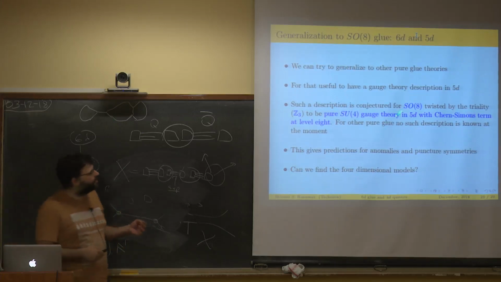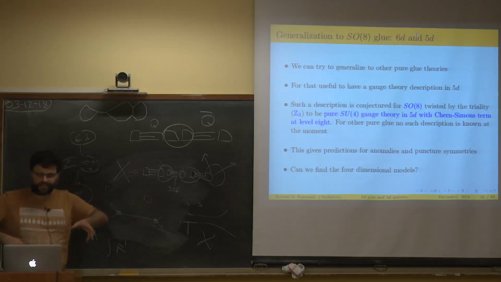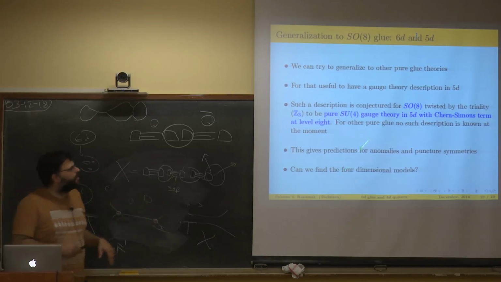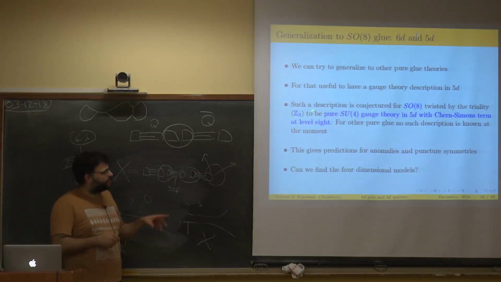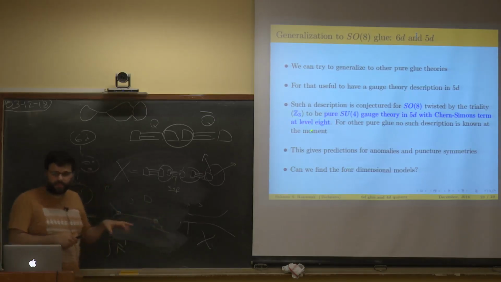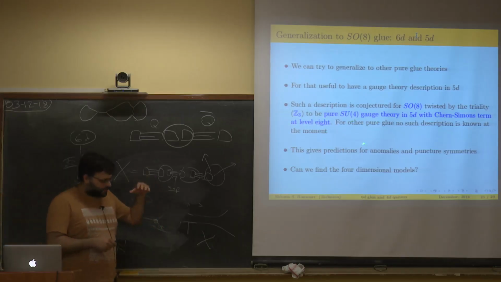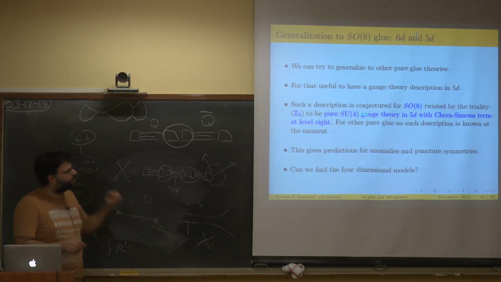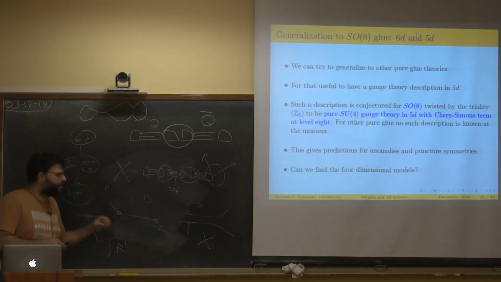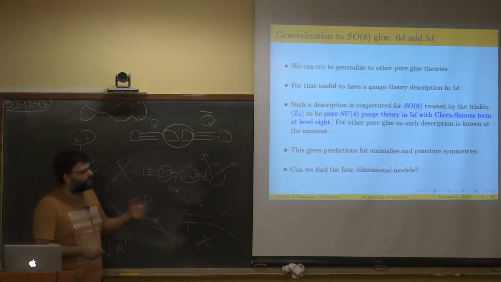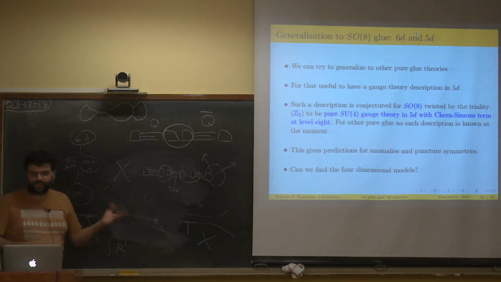The conjecture is that SO8 has the triality group, S3, acting on it. If you take a twist by the Z3 subgroup of the triality group and compactify to 5 dimensions, you get an SU4 gauge theory with level 8 Chern-Simons term as an effective 5-dimensional description. That's a conjecture.